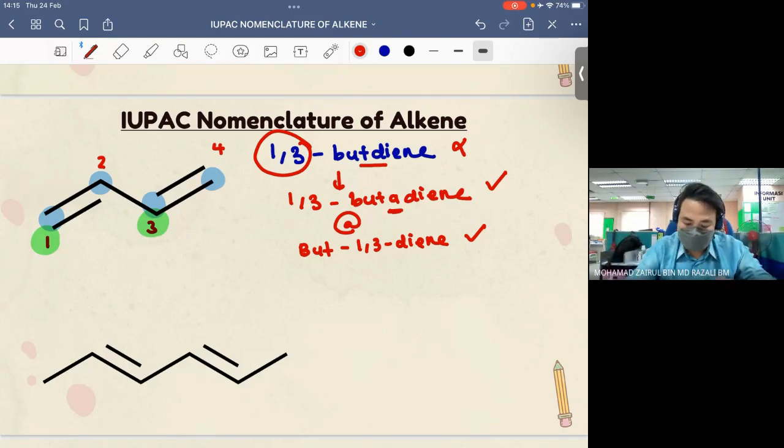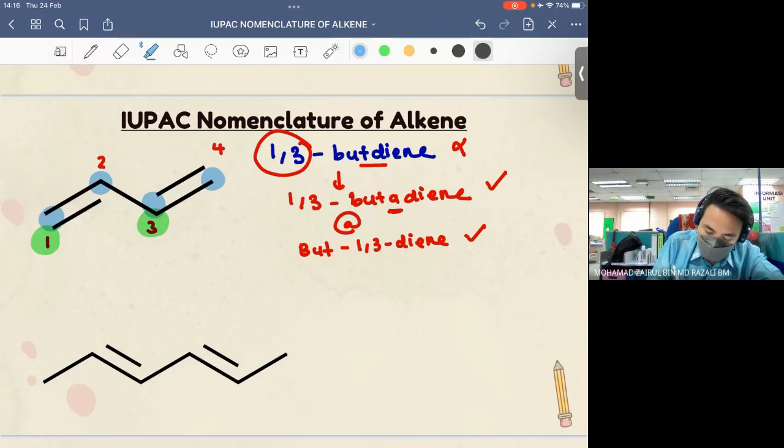So the second structure, as usual, find the longest continuous chain. So 1, 2, 3, 4, 5, 6.